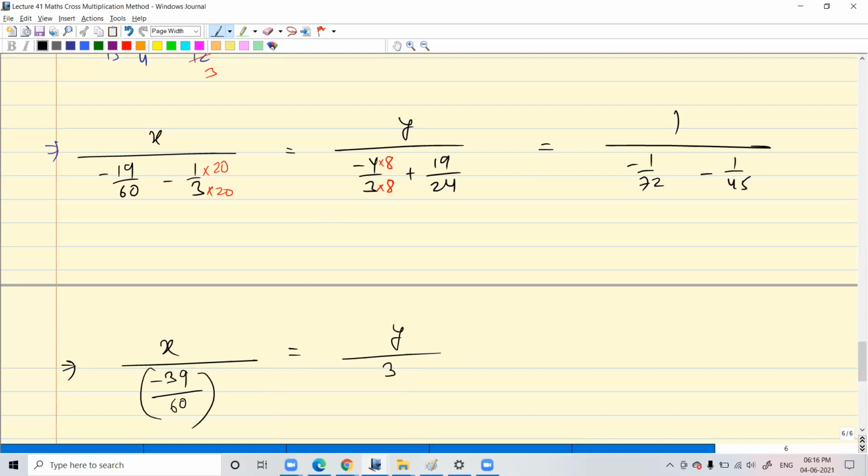So you have 32 and you have to subtract 19 from it. So how do you do? 12 plus 1, 13 by, what is the denominator? 24, right? Okay. Then last one.